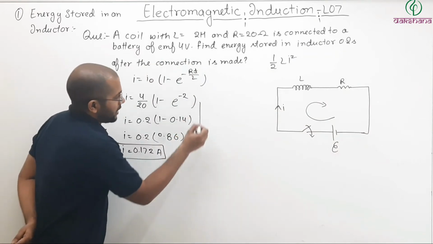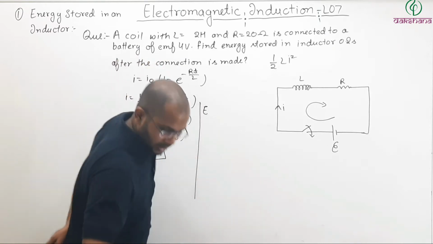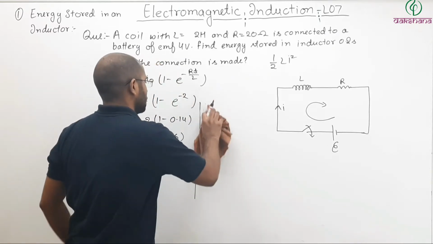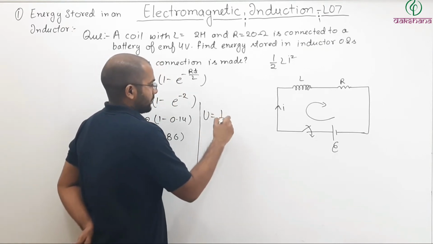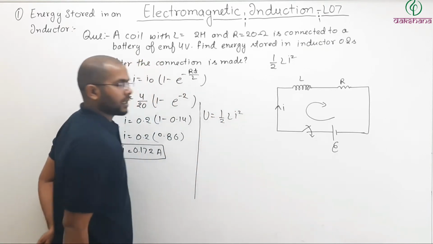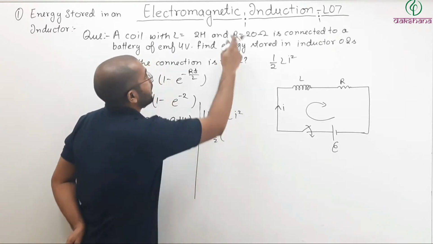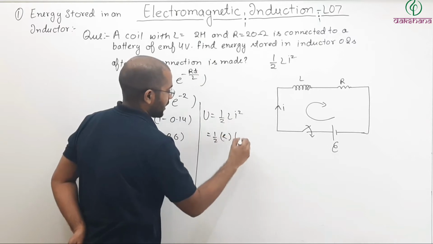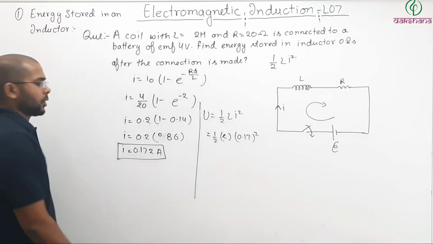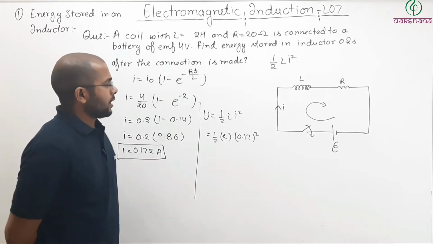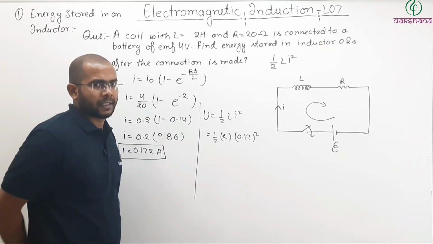Now what I want is energy stored. So energy stored is nothing but, not E, you write it as U. U will be equal to half L I square, like this. So we already know half L is 2 Henry, and I is approximately 0.17, squared. Now 17 square is how much? 17 square is 289.